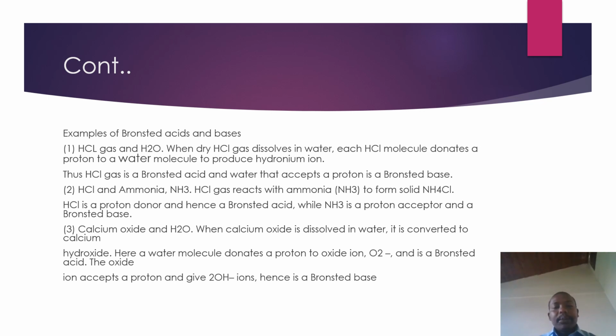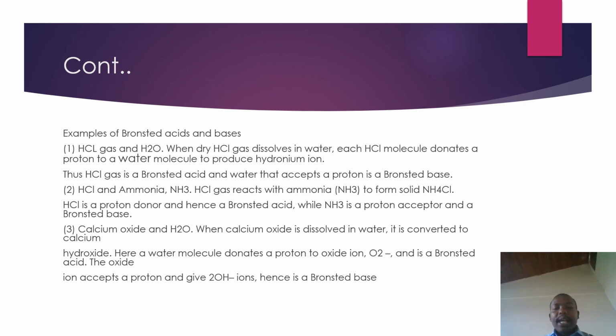HCl and ammonia. HCl gas reacts with ammonia to form solid ammonium chloride. HCl is a proton donor and hence a Brønsted acid, while ammonia is a proton acceptor and a Brønsted base. Calcium oxide and water.